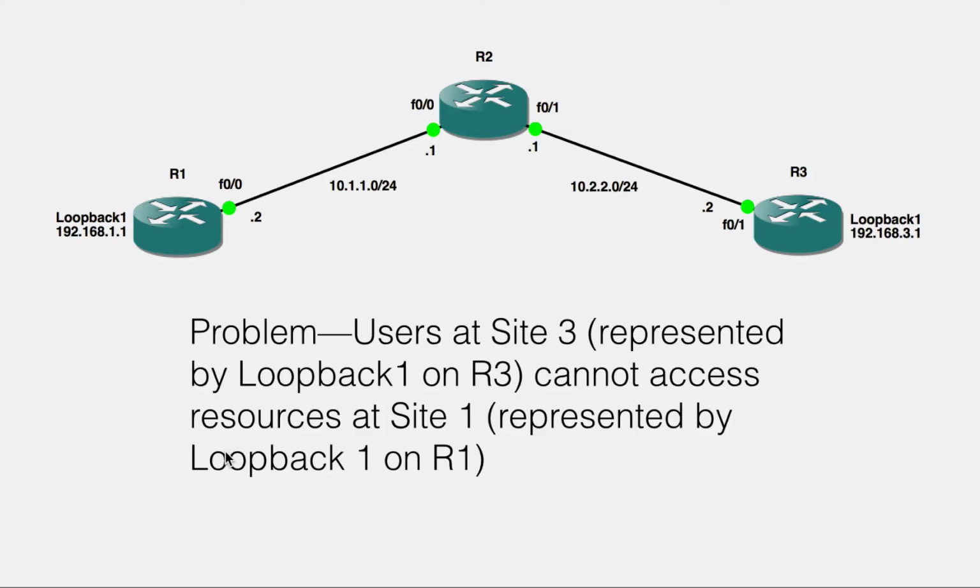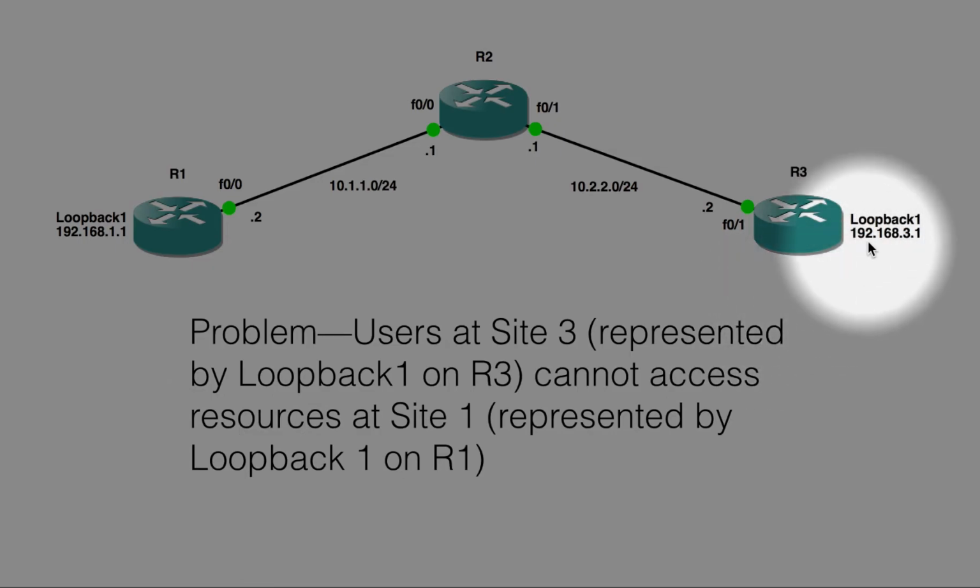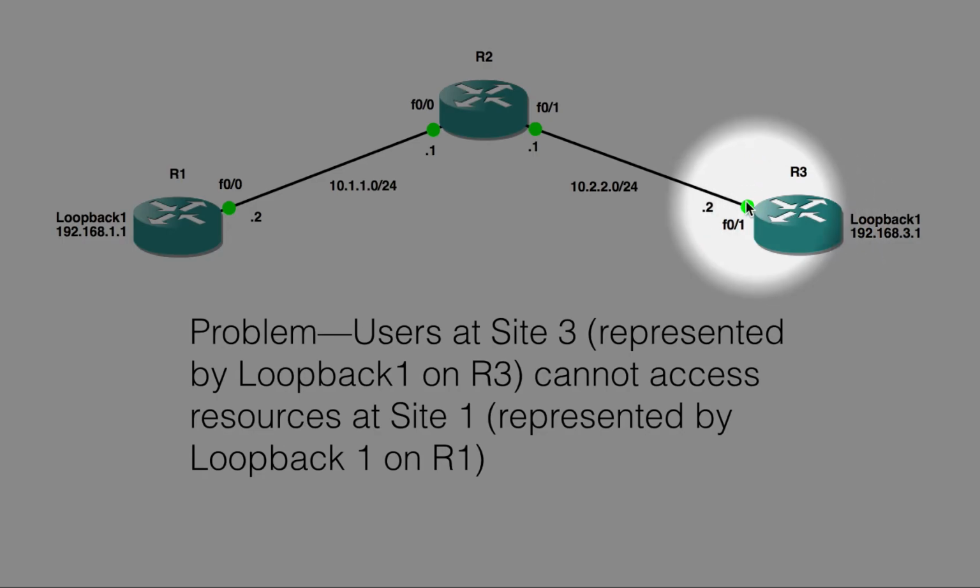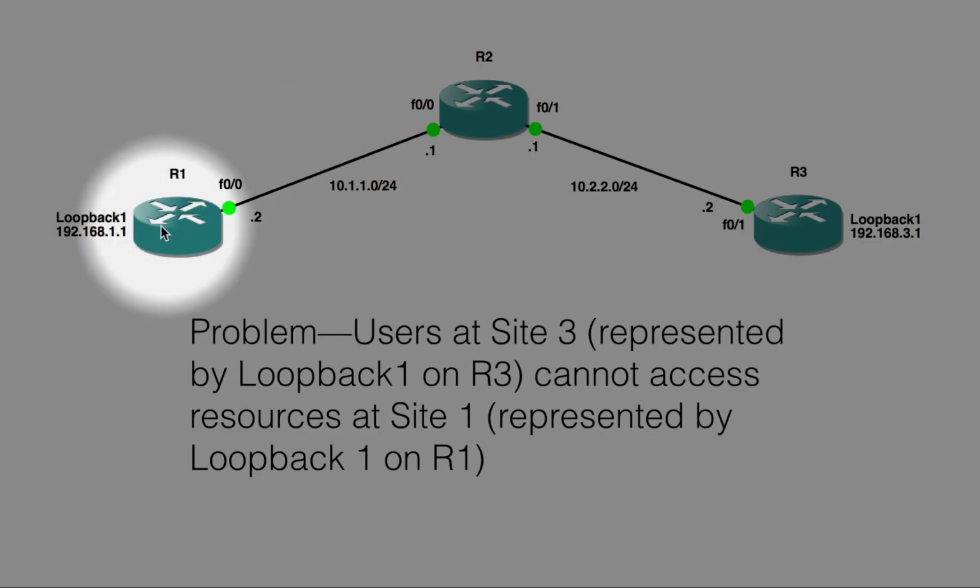The problem that we're faced with today is that users over at site 3, so we've got our loopback 1 interface on router 3 that represents our user network over on site 3, can't access resources at site 1. We've represented that with the loopback 1 interface on router 1.